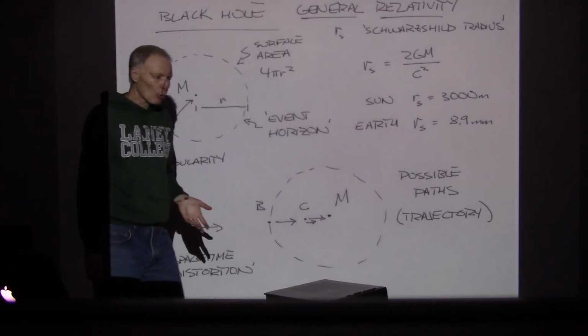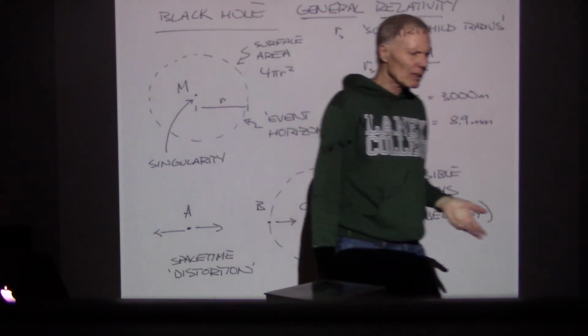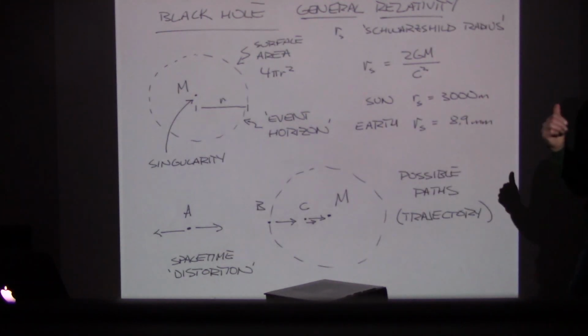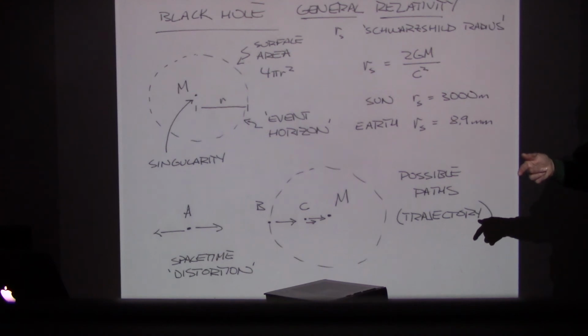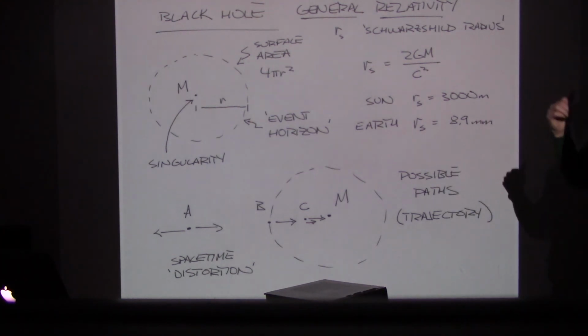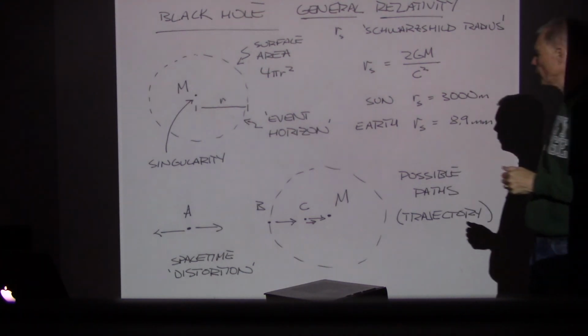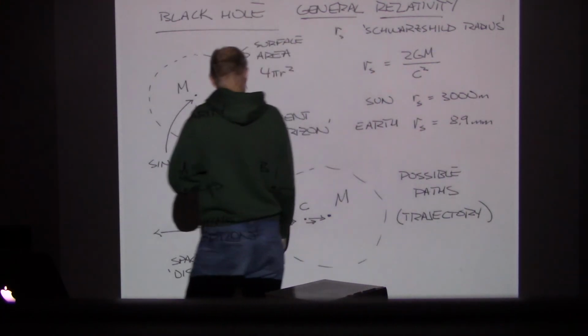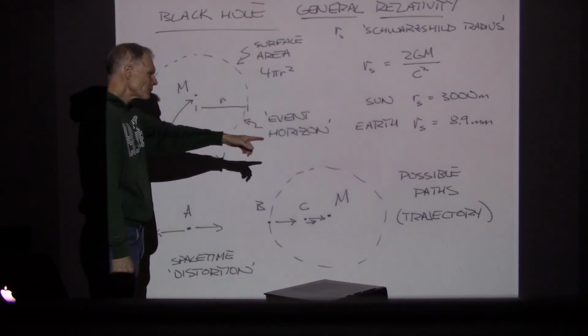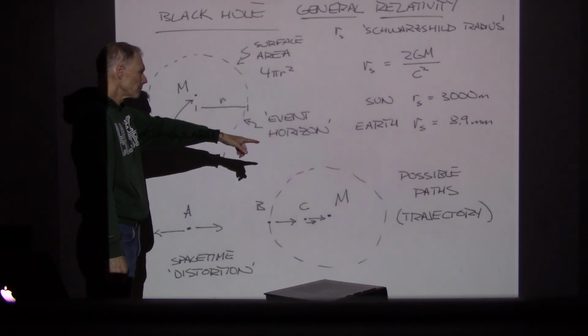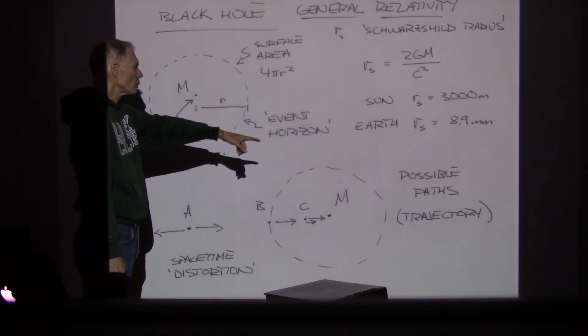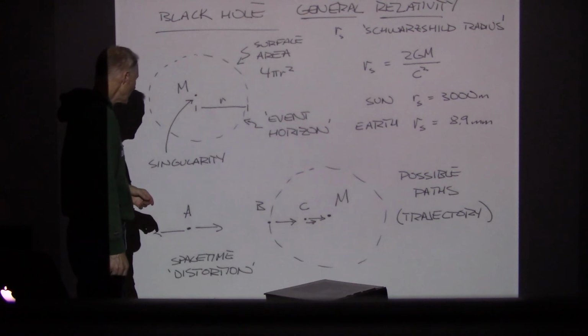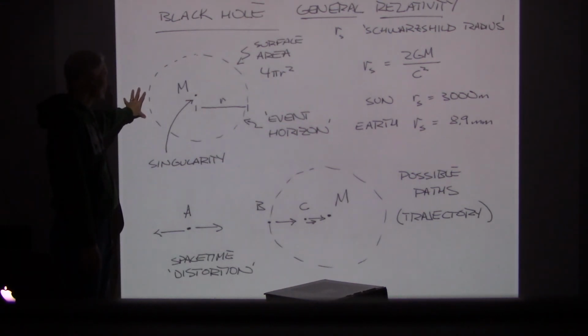Now, how do black holes work? Why is it that light never leaves a black hole? Light can go into a black hole, and other objects can too, but light never leaves. Other objects don't leave a black hole. That's because of the possible trajectories involved with crossing the event horizon.